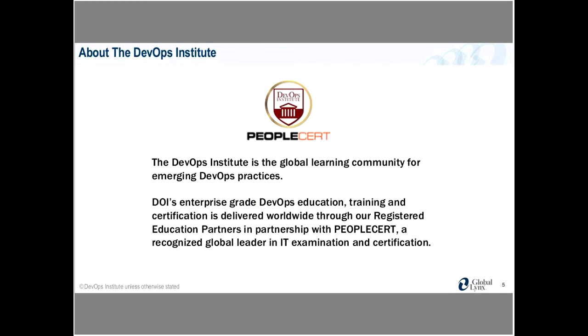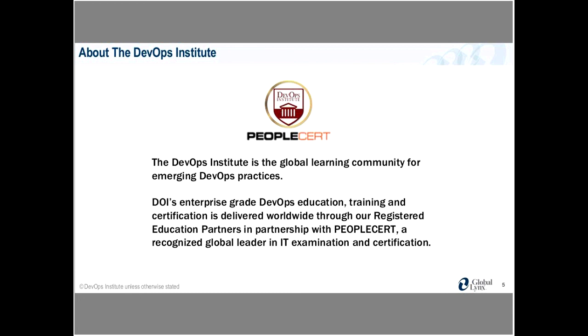So we've talked briefly about PeopleCert and them conducting the exam. This slide recognizes that the DevOps Institute was formed in order to create a global learning community for emerging DevOps practices. Note that it's emerging. Unlike the project management professional, where all the different aspects of project management are defined, DevOps is not like that.